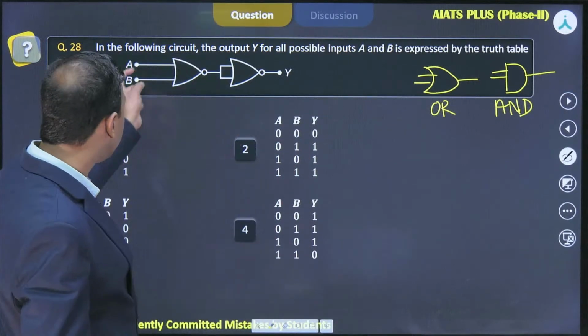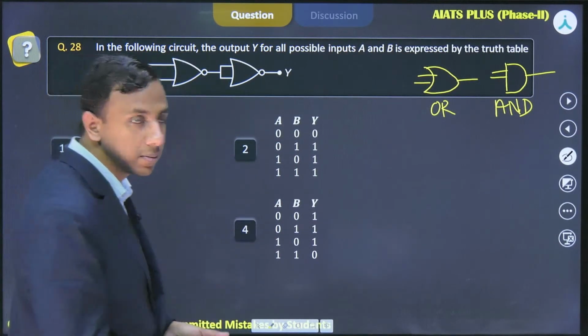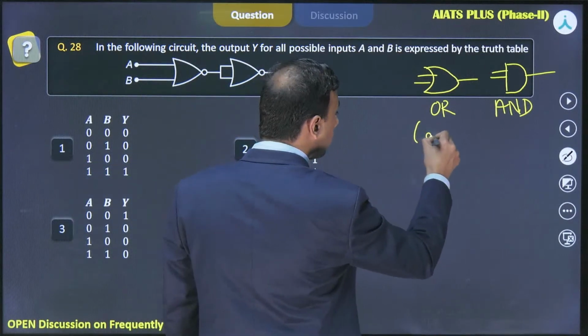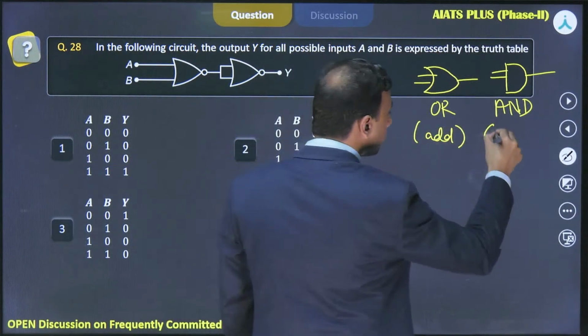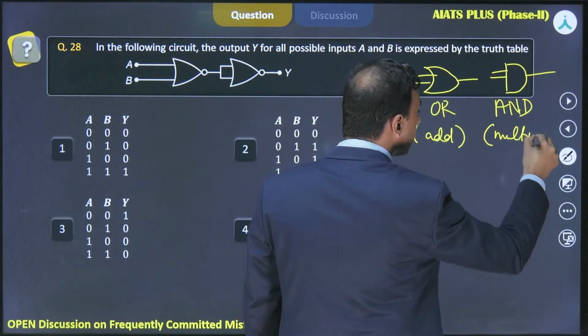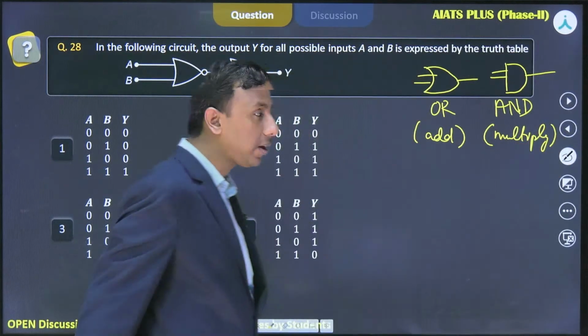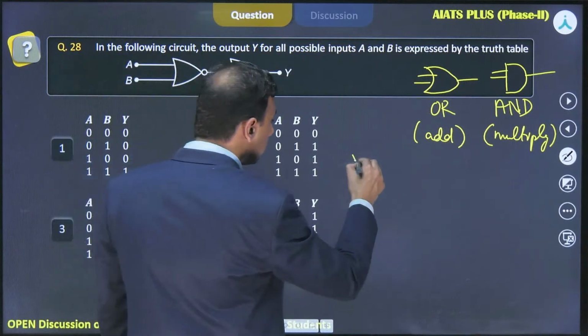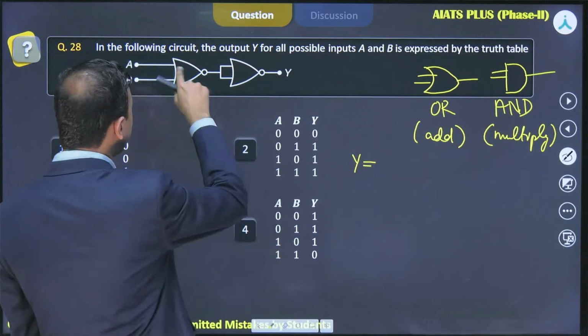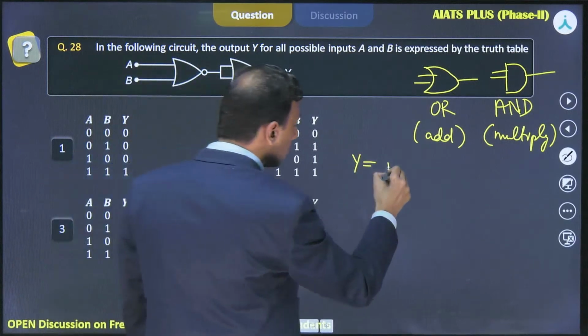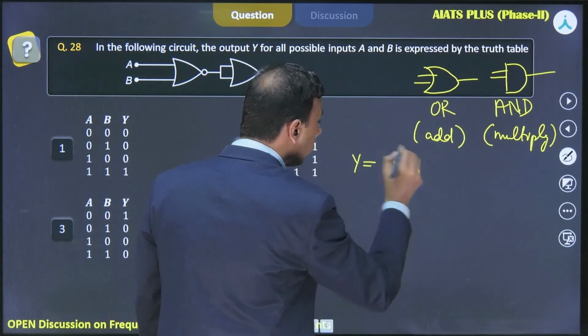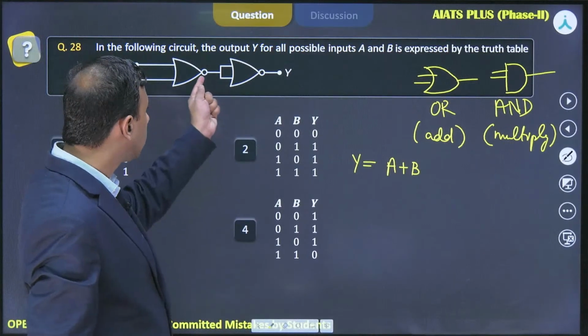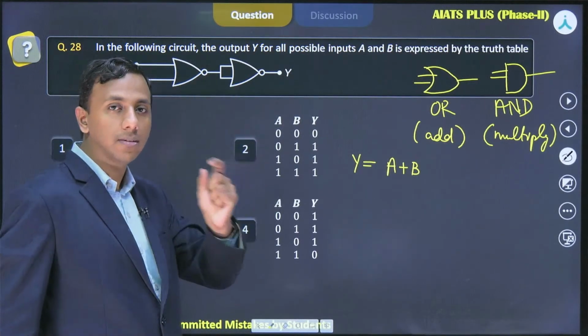So if you see, A and B are getting added up, right? I can write over here, add, and this is multiply. So A and B are getting added up. Y we have to find out. Y is equal to first A plus B, they're getting added up, and then this white circle has been drawn, which means it's a NOT gate.